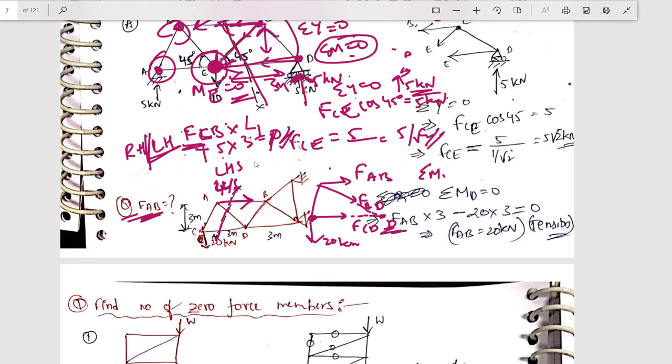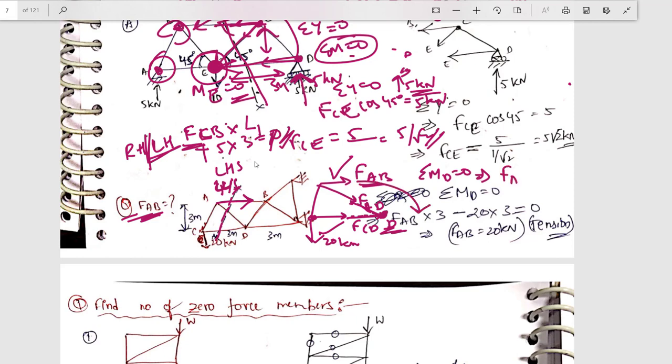Because if I am taking moment at D equal to 0, the perpendicular distance of these two forces from the point is 0, so force into distance is 0, moment is 0. So only the forces producing moment are this force FAB and this 20 kilonewton load, right? So at the point D, this is moving clockwise.